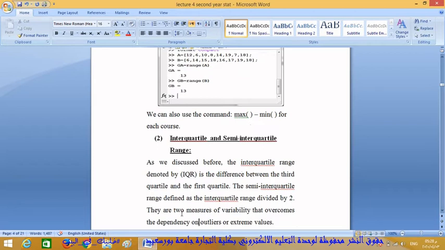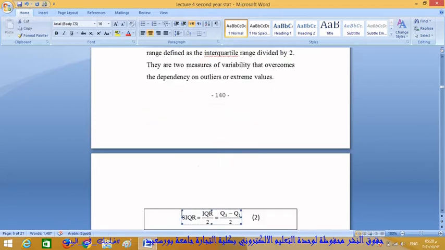These are two measures of variability that overcome the dependency on outliers or extreme values. Okay, so when the data are quantitative but contain some extreme values on one side or on the two sides, you have to use the semi-interquartile range as the measure of dispersion in this case, not the variance and not the standard deviation.